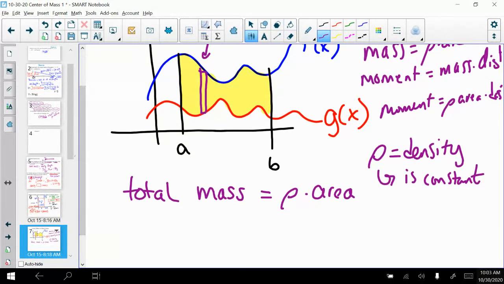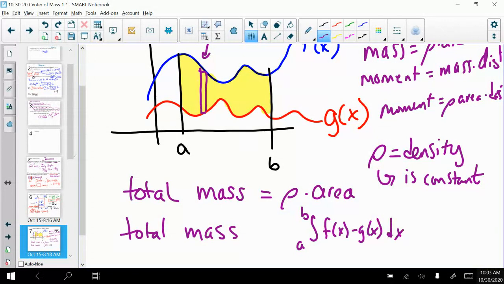So to get my total mass, you guys know how to find the area of the highlighted region. It's just the integral from a to b of f of x minus g of x dx, right? I multiply that by rho and I get my total mass.